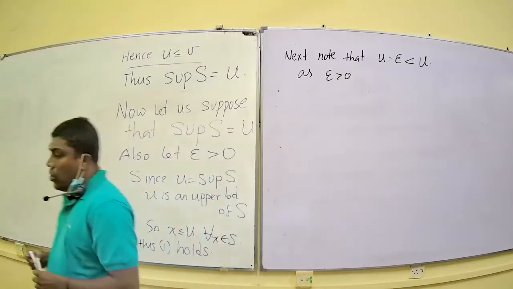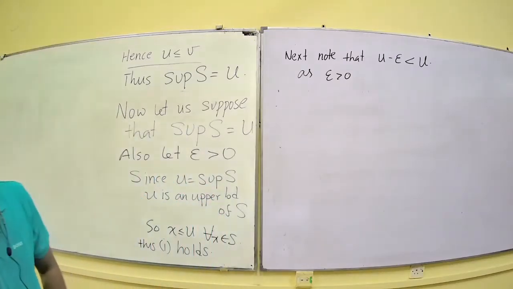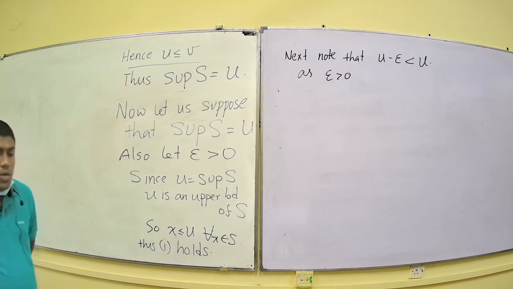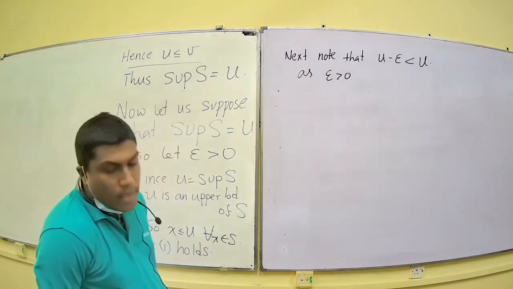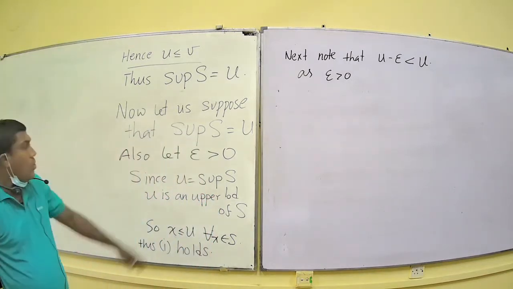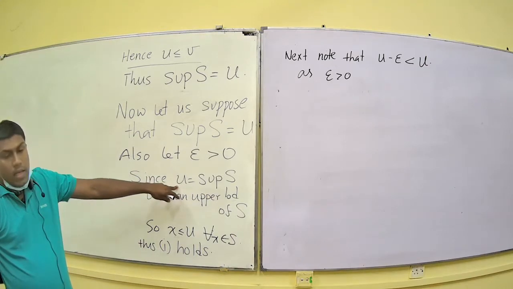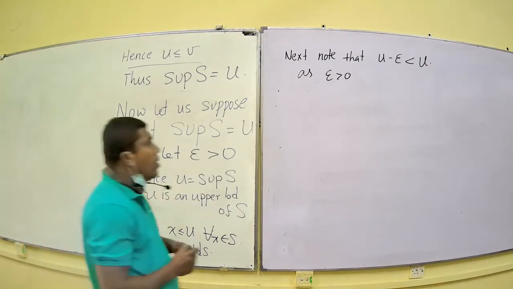Now you take arbitrary epsilon greater than 0. So u minus epsilon is strictly less than u. You know that u is the least upper bound.